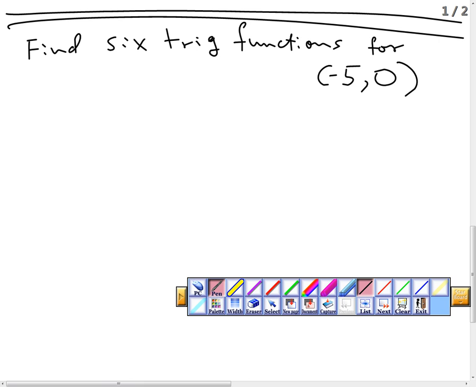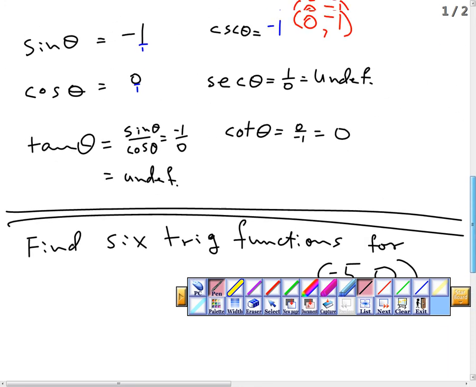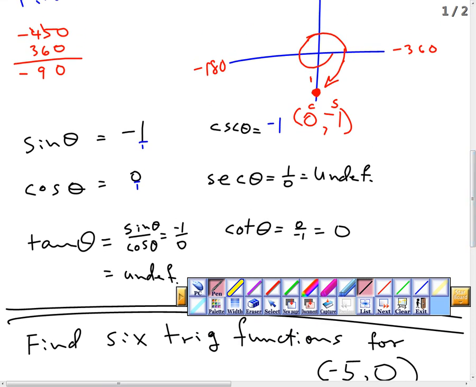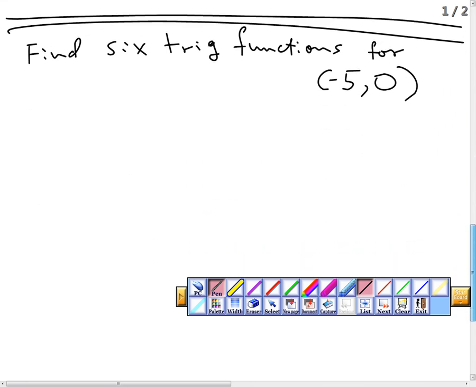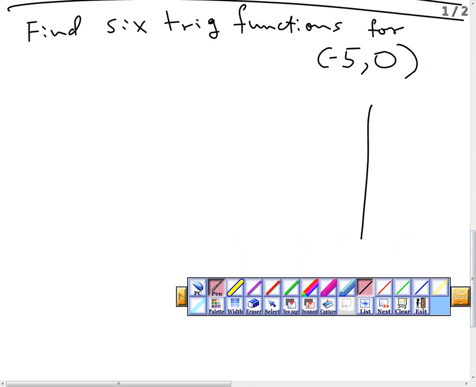So basically, instead of in the previous problem, instead of 1 being the radius, now it's 5. All right, so let's draw this out. We got negative 5, comma 0. Okay, so in that case, now you're going to do the 6 trigonometric functions. So go ahead and do that for sine, cosine, tangent, and their reciprocals.